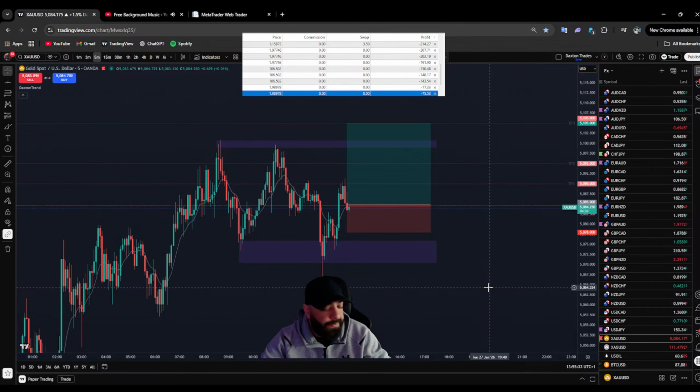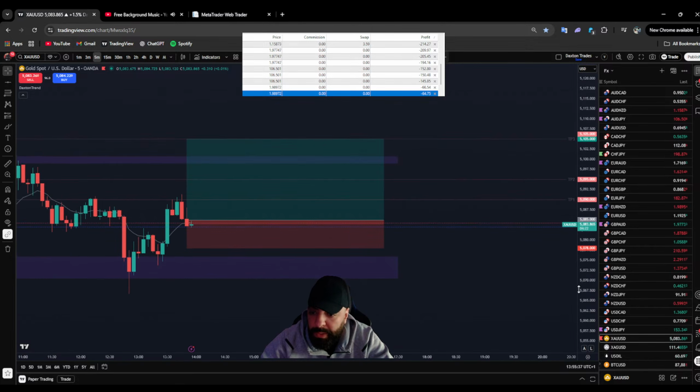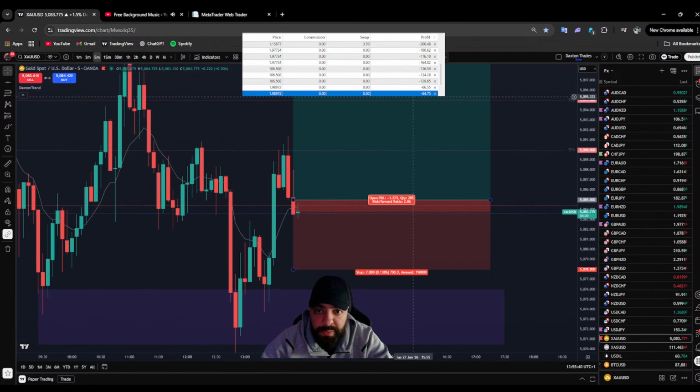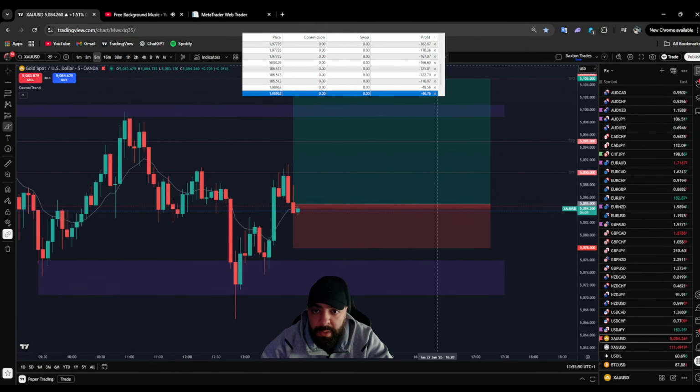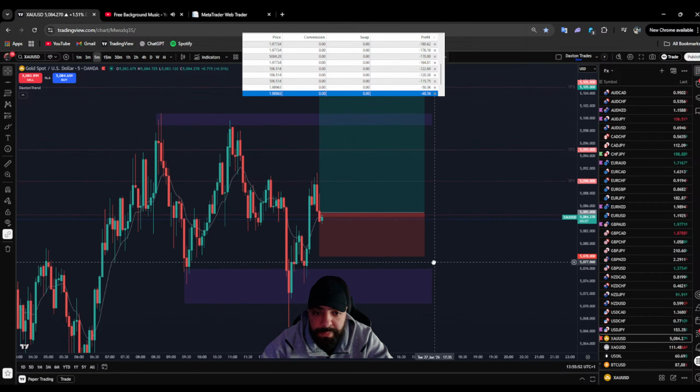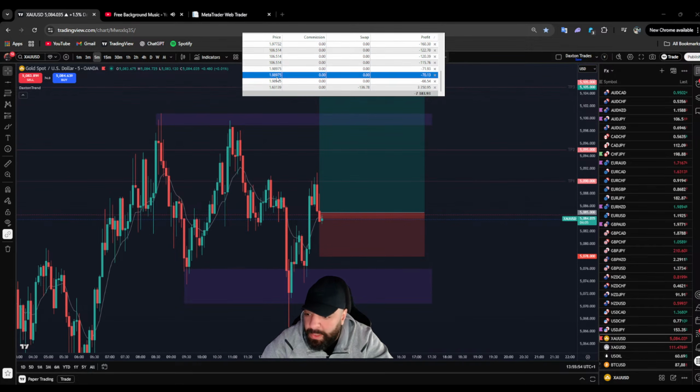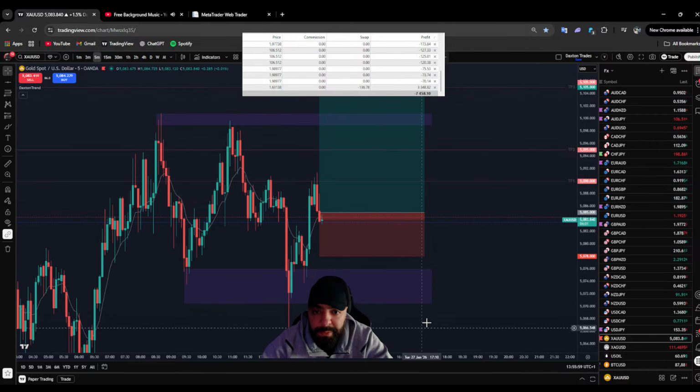So new candle. The problem is this previous candle that I can see here didn't reject this EMA with a clear wick. So let's see. And this is the floating P&L.